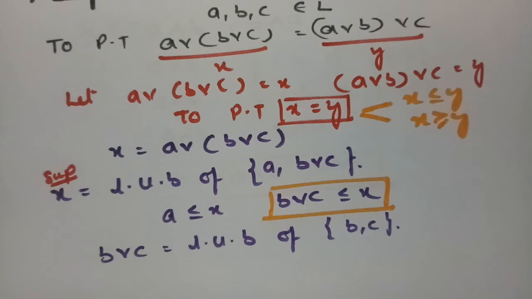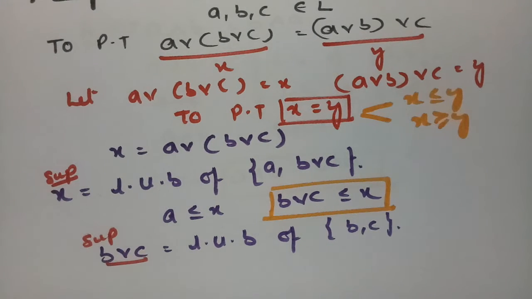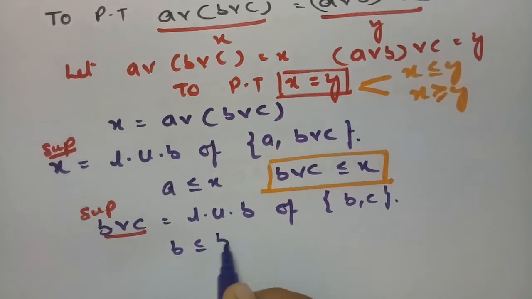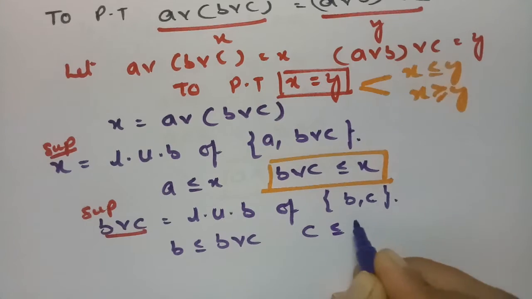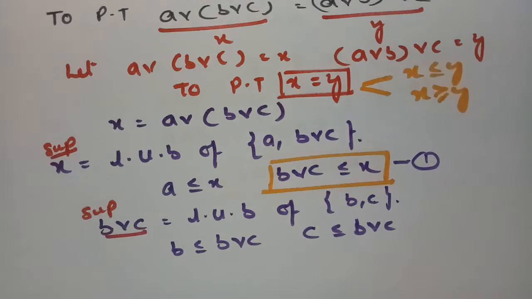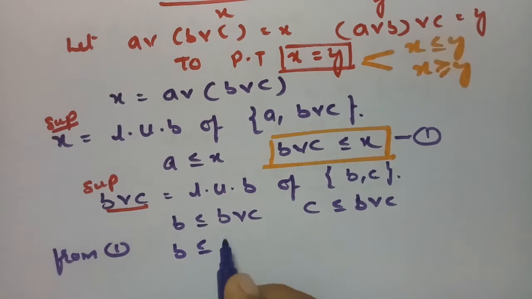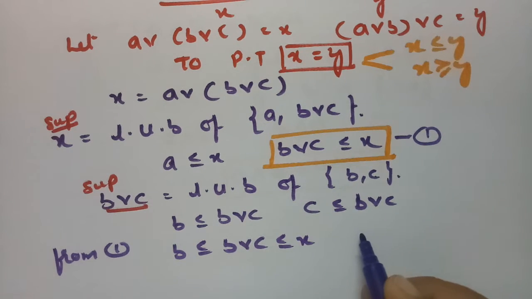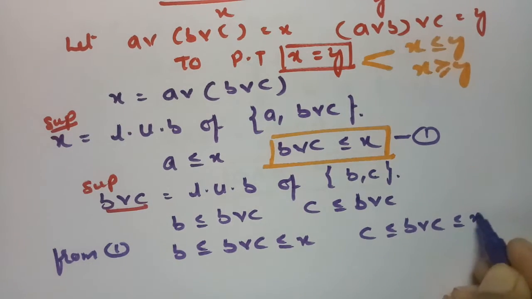So this value acts as the supremum value for the set B comma C. So for B, the supremum value is greater, B join C. And for C also, this one is greater, B join C. So from equation 1, we can join this: B is less than or equal to B join C, which is less than or equal to X. And here C is less than or equal to B join C, which is less than or equal to X.